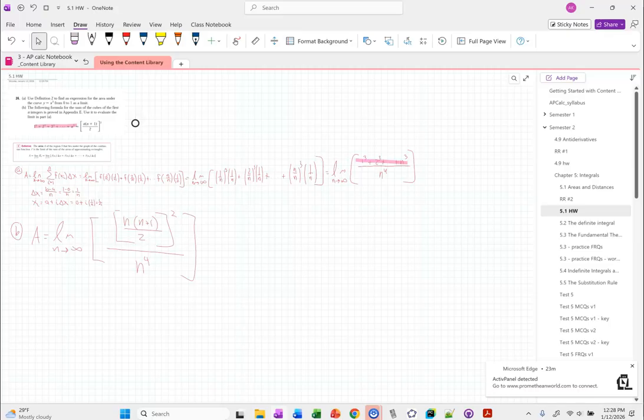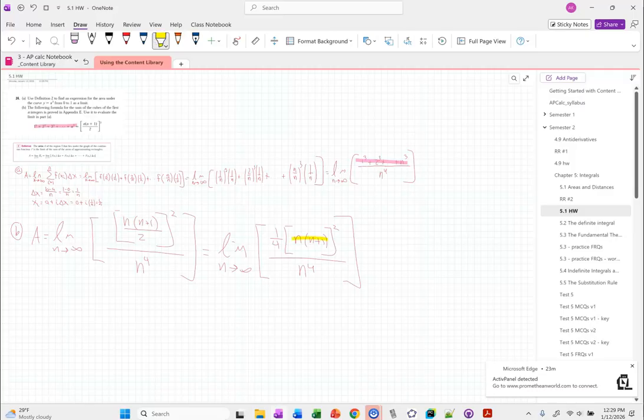What type of limit do I have here? I have the limit of a rational function, right? Because my numerator I can think of as 1/4 times that, because I can take the 1 over 2 squared out to the front.